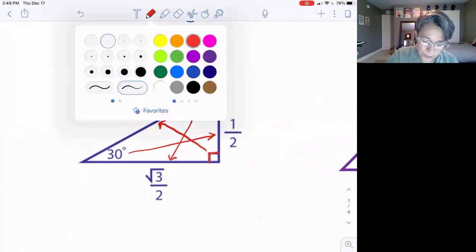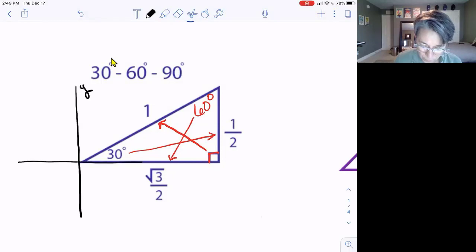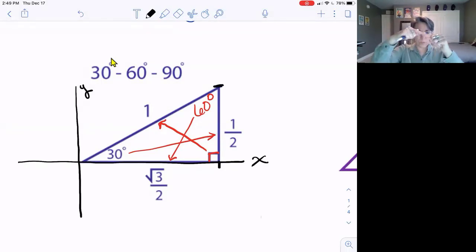If we were to consider putting this on an XY axis, so there's Y, and if this is the X, then we can consider that bottom length of that triangle to be the width of our X value. And then this upright side of the triangle, the 1/2, to be the width of the Y value.